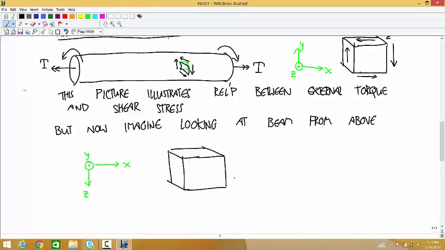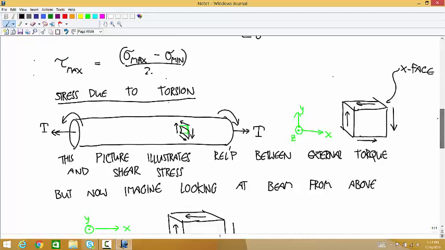The directions are still the same, they just correspond to different axis directions. So now, in the first example, this was a negative XY stress.